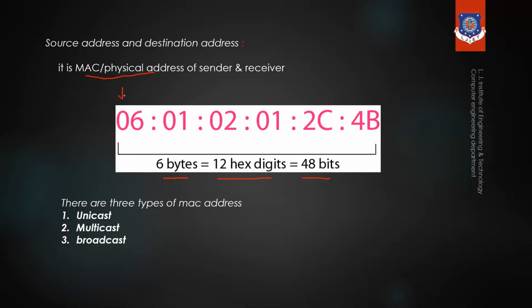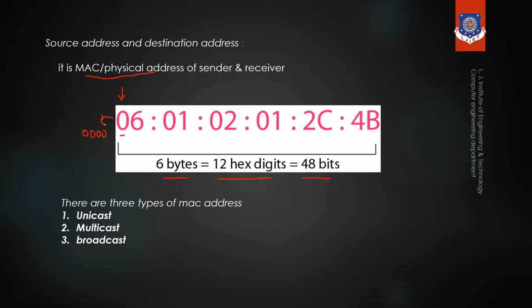So in a MAC address, each digit is represented in hexadecimal, right? And when it is converted into binary, each digit represents a 4-bit value. This thing is known by you, right?